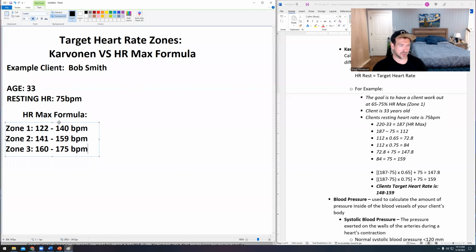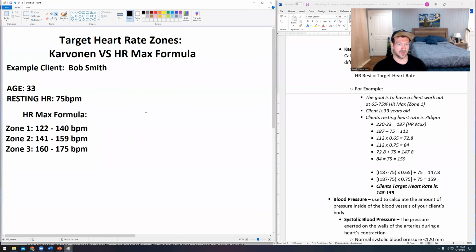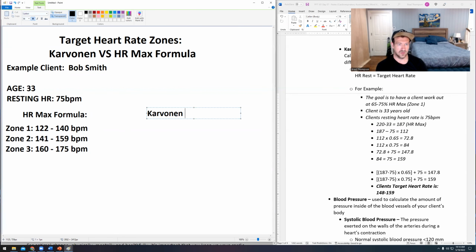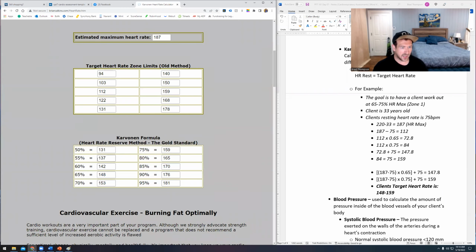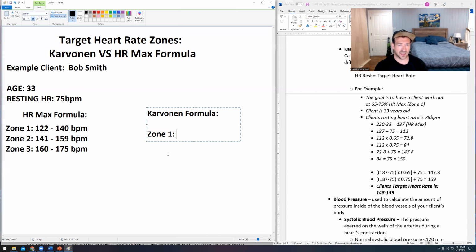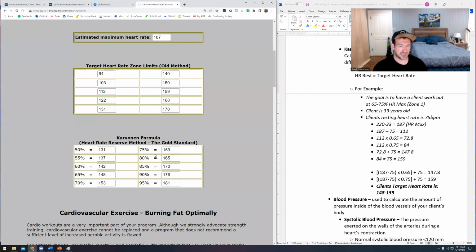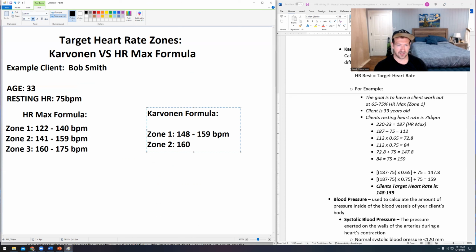Versus the Karvonen version, which will be 148 to 159. Zone 2 will be 160 to 170.